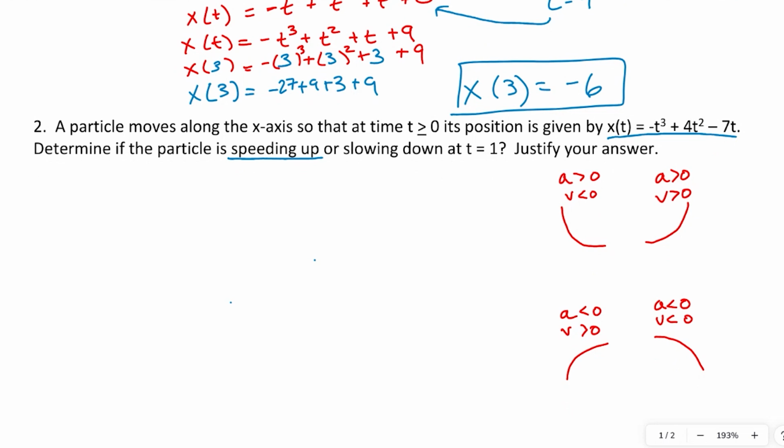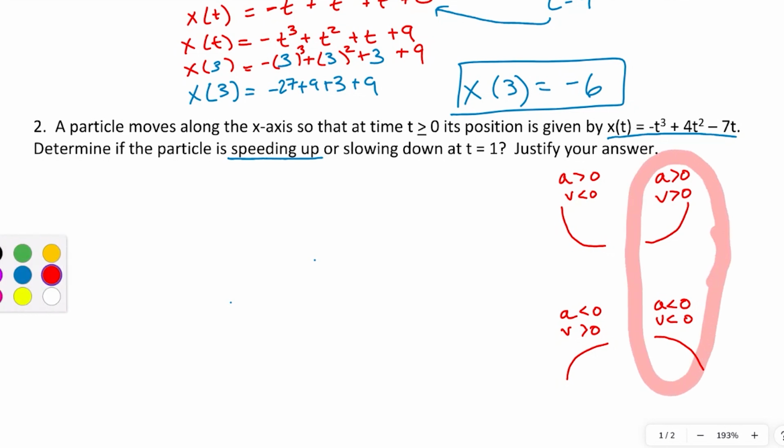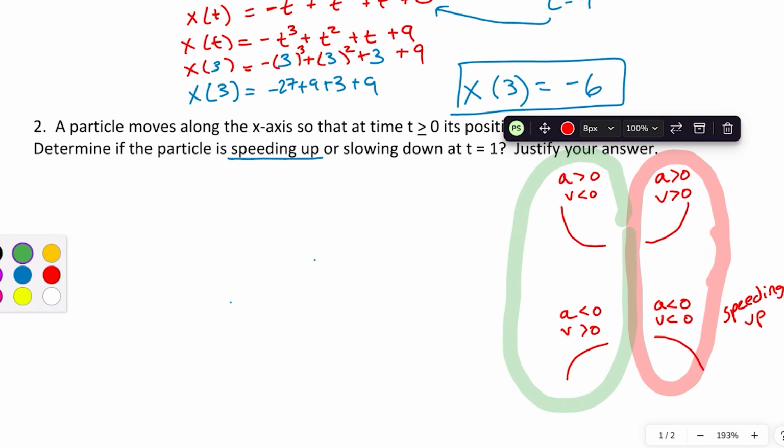The two cases in which the object is speeding up are these two cases. Whereas the other two cases, these two, you're slowing down.